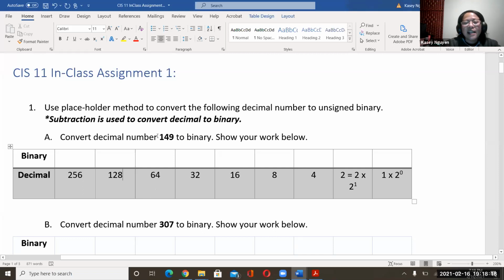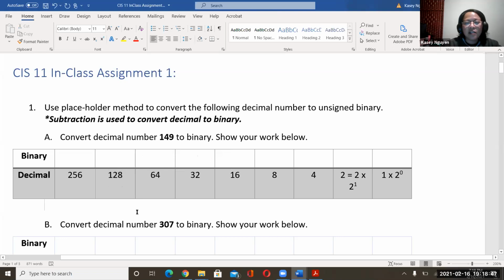My analogy for this is, let's say you have $149 in your pocket, and you are presented with different things to buy: something that costs $256, something that costs $128, something that costs $64. You can't afford the first, so you go down to the next one that's affordable, and you buy that, right?